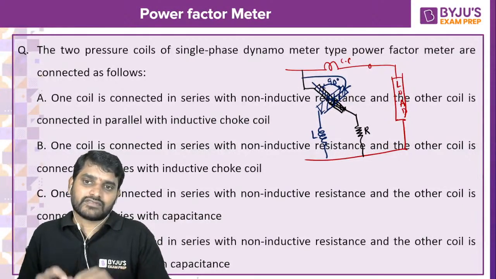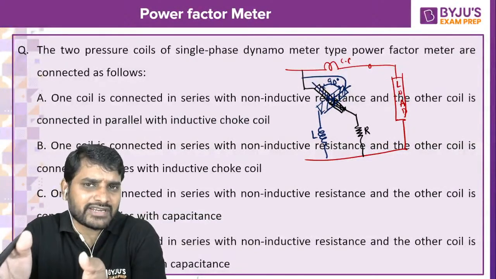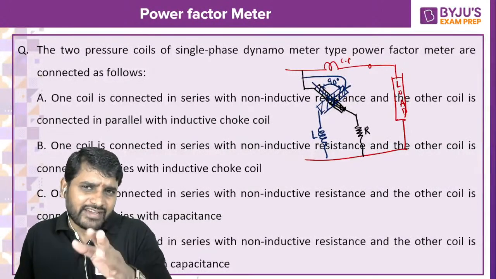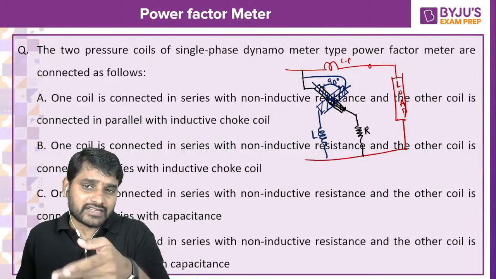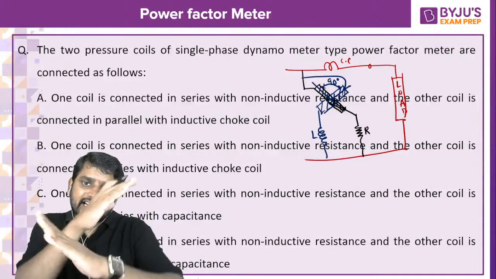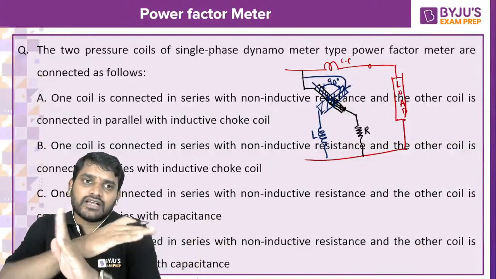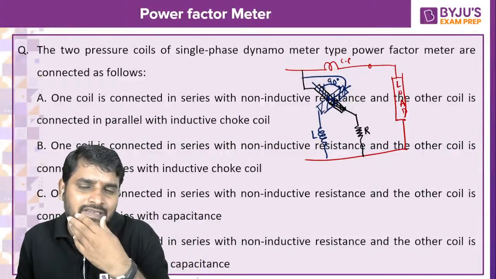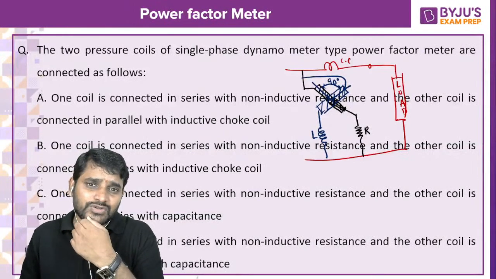This is a moving coil, pressure coil only. You don't require any controlling torque here, because the resistance nature coil and inductance nature coil itself is going to damp the oscillations, and you don't need a control torque at all, to say exactly.